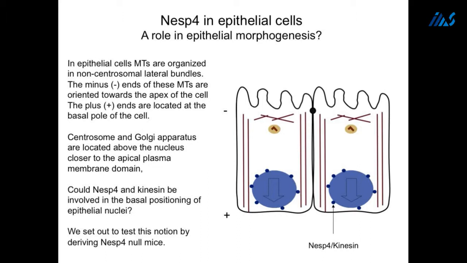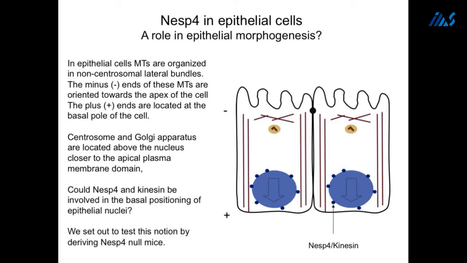Now, the microtubule cytoskeleton in many epithelial cell types is non-centrosomal. What one finds is lateral microtubule bundles extending from the apical region of the cell down to the basal region. The plus ends of the microtubules are usually oriented towards the base of the cell, the minus ends up towards the apex.